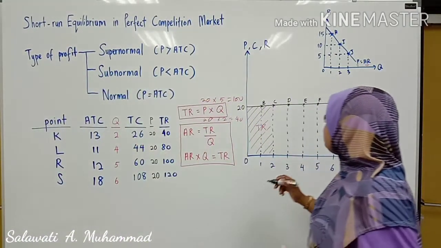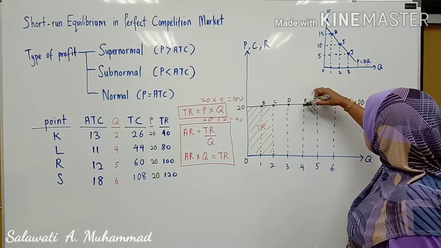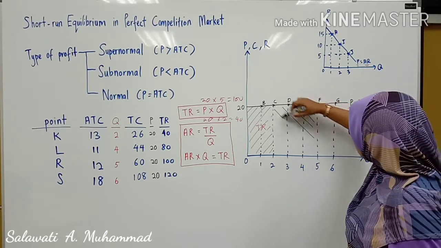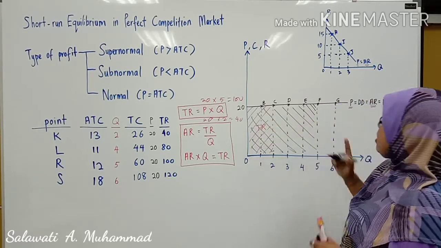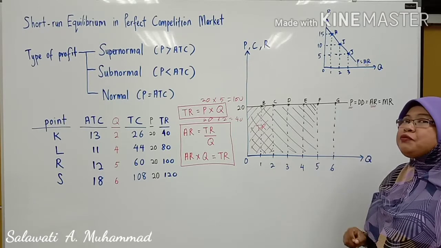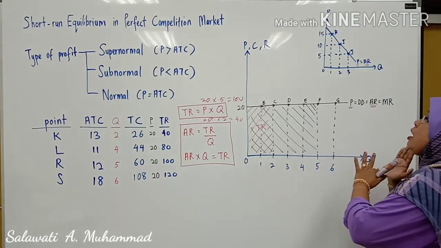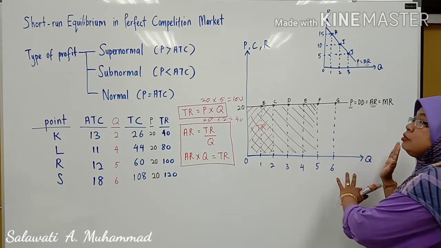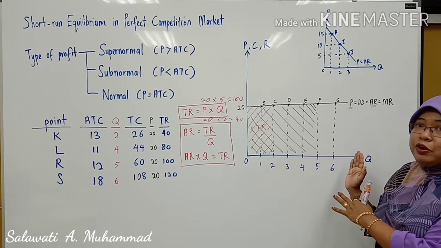Meaning you are trying to find the size of the square box here. So the black area represents total revenue at quantity 5. That's how we find average revenue for a perfect competition.